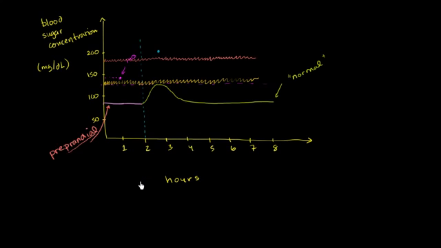So in general, if someone has diabetes, because they're not processing the glucose properly, their blood glucose might look something like this. So maybe their fasting blood glucose is right around 125, 130. It can move around. Then they have a meal. Then it might spike up. Obviously they can process some of the glucose, otherwise they would die.